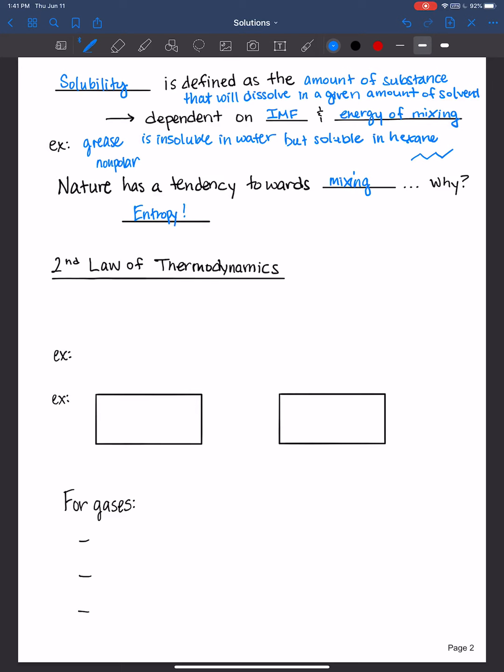So, this comes to the second law of thermodynamics, which states that for any spontaneous process, the entropy of the universe increases. Now, entropy is another way to say disorder or chaos.